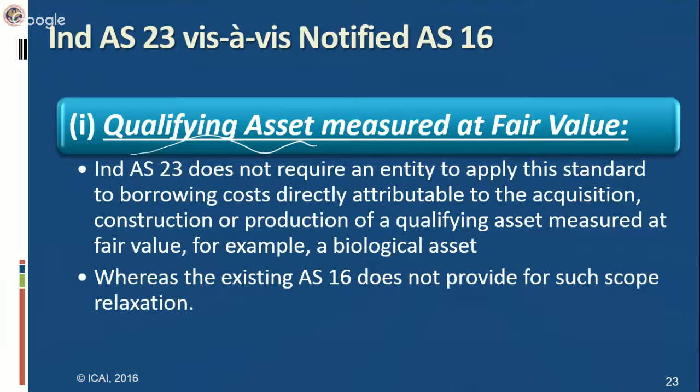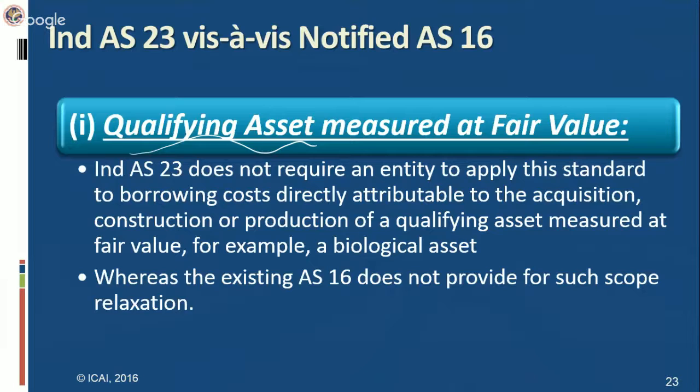Now, Ind AS 23 does not require an entity to apply the standard to borrowing cost directly attributable to acquisition, construction, or production of a qualifying asset measured at fair value. For example, a biological asset.